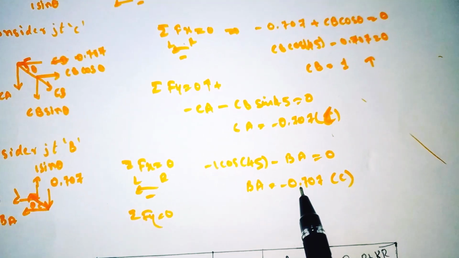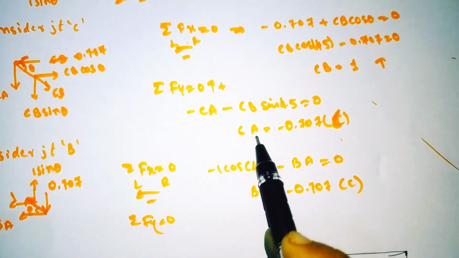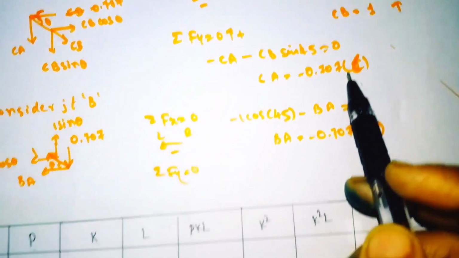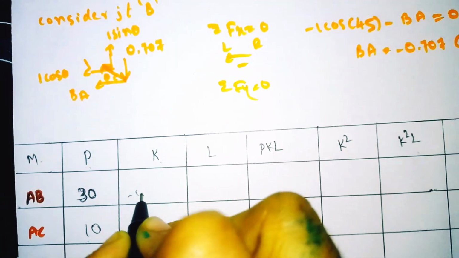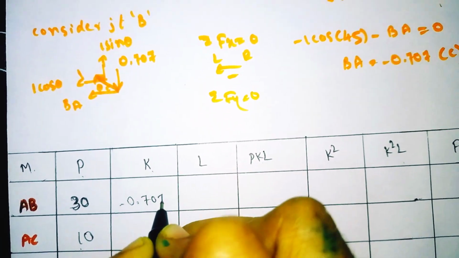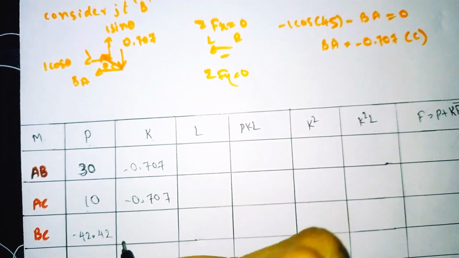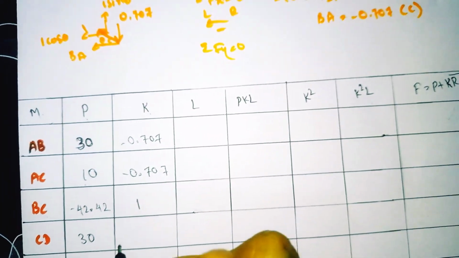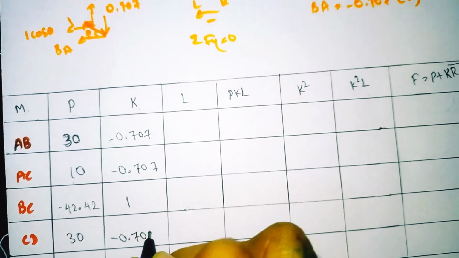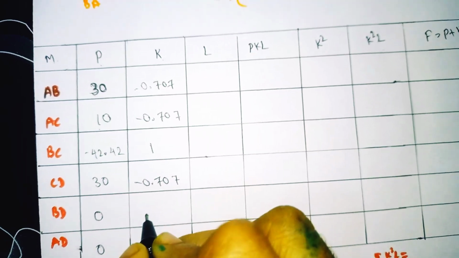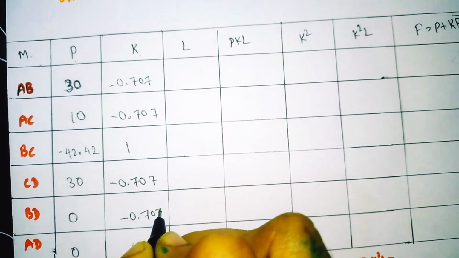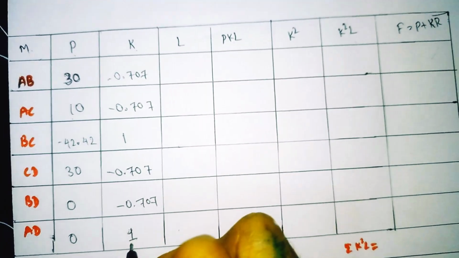For AB is minus 0.707 and AC also minus 0.707, for BC is 1, for CD also minus 0.707, for BD also minus 0.707, AD value is 1.